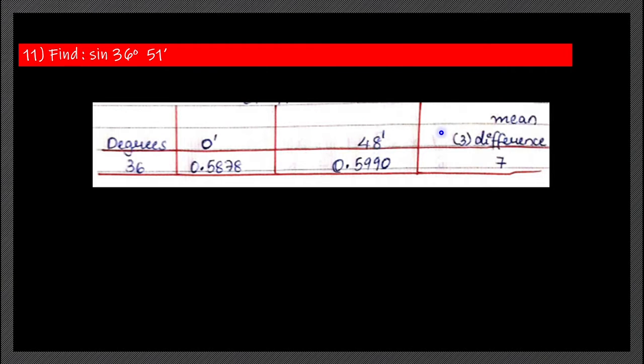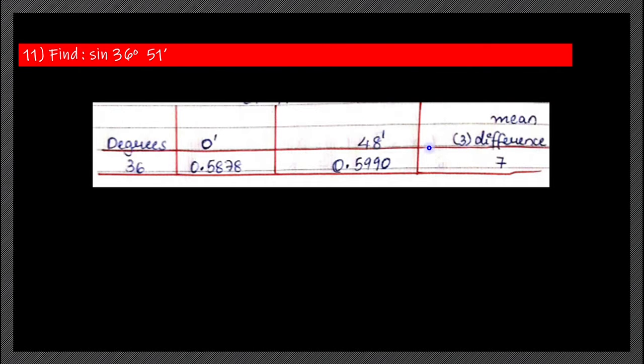Each minute difference, which is given in these columns, will be 5. Those differences are called mean differences, which are given at the right end of your natural sine, natural cosine and natural tangent tables. So corresponding to mean difference 3, you will have column number 3.